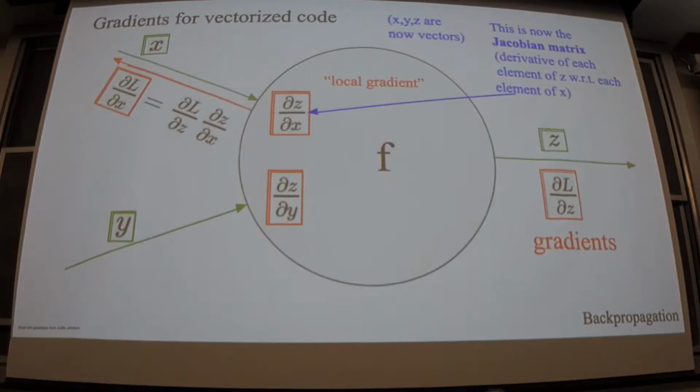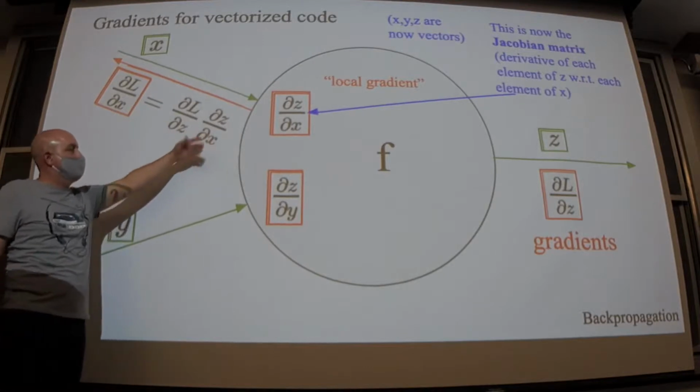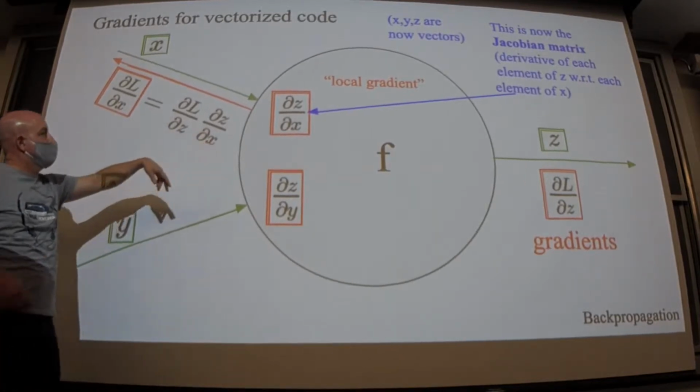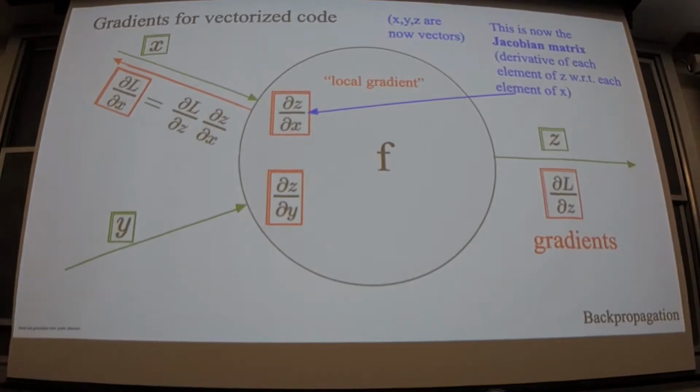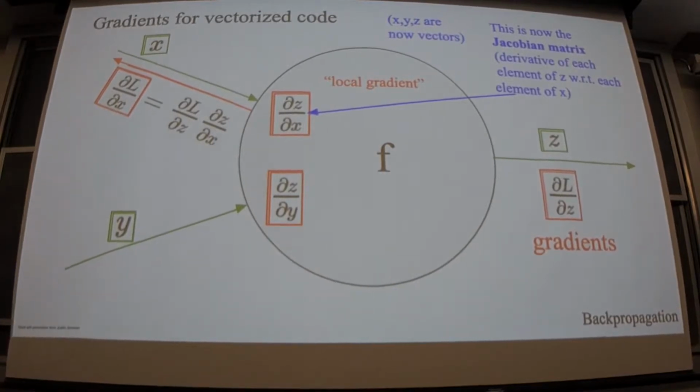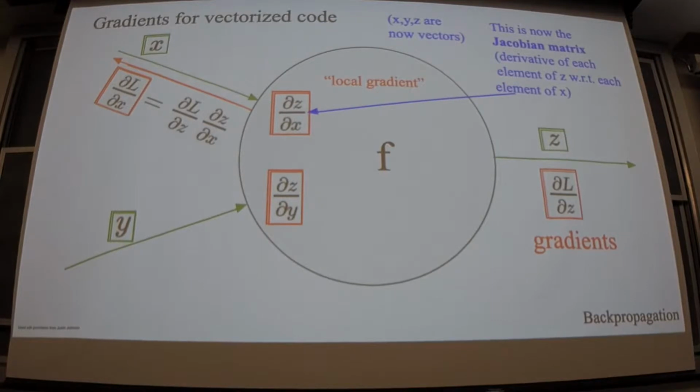You can do this in vectorized format as well, meaning that instead of thinking of everything as scalar values, you can think of the x's and the y's as vector inputs, as is often the case for a full layer.